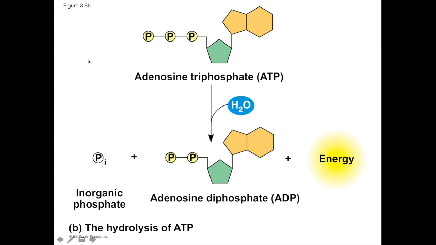Now, when that third phosphate group is broken off, cleaved off, hydrolyzed off, we have a phosphate group, we have ADP, or adenosine diphosphate, because now we only have 2 phosphate groups, and we release a lot of energy, very strong negative delta G.